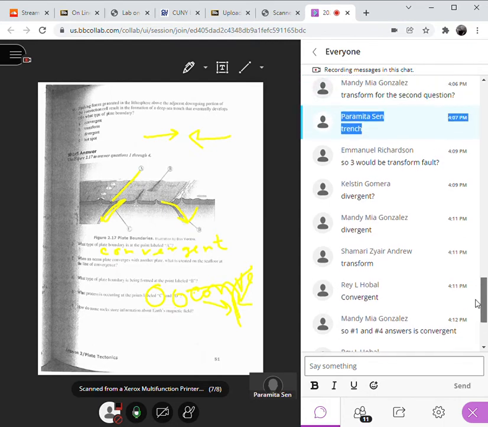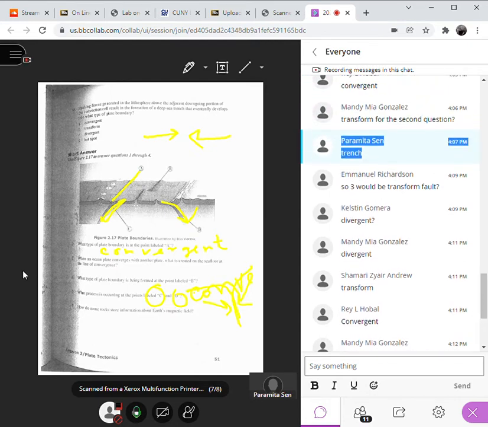Number 3, let me check what plate boundary. Yes, yes, Brandon. Right. Sorry, Brandon, I made a mistake. Number 3 was transform. That's correct. Ray is correct, not divergent. Brandon, it will be transform. Thank you so much, Emmanuel, Mandy, and Ray.